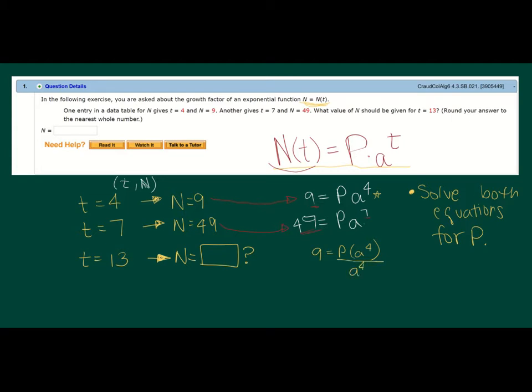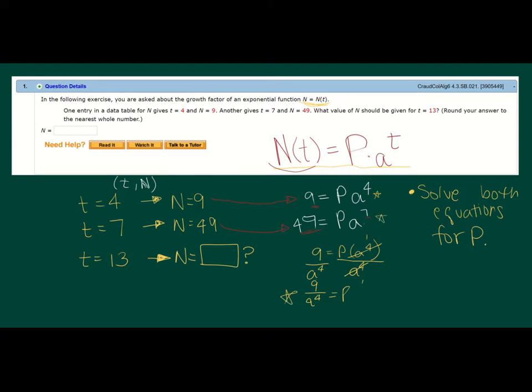I don't know what that number is right now, but it's just a constant number. I've got a to the 4th in the bottom and a to the 4th in the top here, so I'm able to reduce those. I'm left with p equals 9 over a to the 4th power.